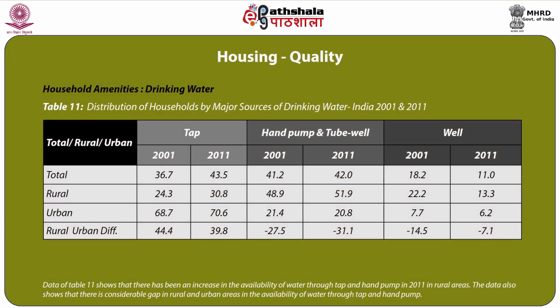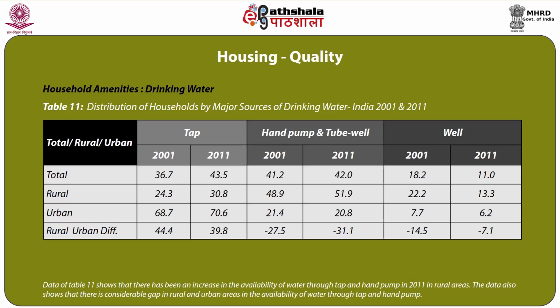In case of table 11, distribution of households by major sources of drinking water between 2001 and 2011, we can see that tap as a water source in totality in 2001 was 36.7%, whereas in 2011 the percentage has increased to 43.5%.